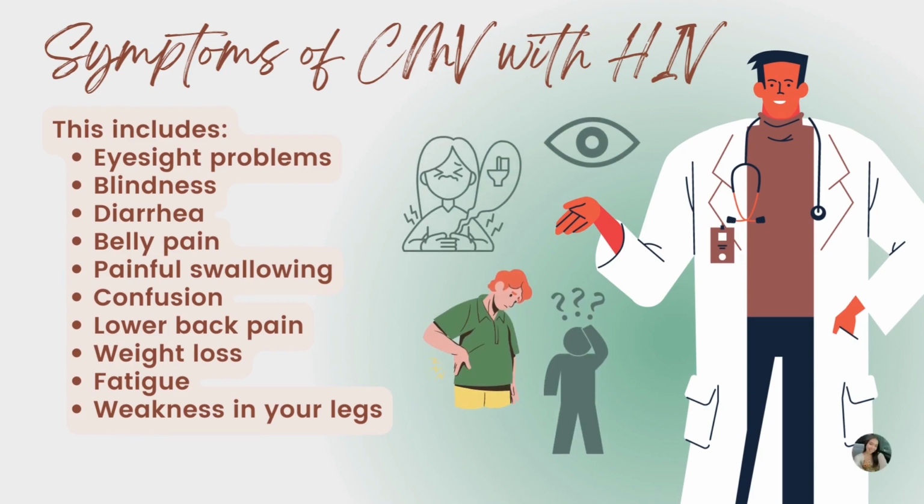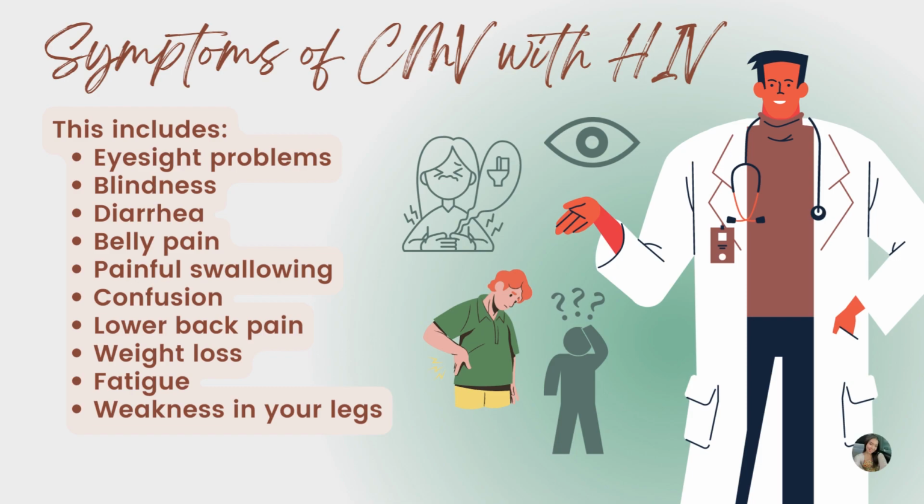Symptoms of CMV with HIV. So as we all know, people with HIV are severely immunocompromised, so they experience worse symptoms compared to those who aren't. Some of these symptoms have already been mentioned in the previous slides, but these are eyesight problems such as floaters and blurry vision, or even worse, it may lead to blindness.